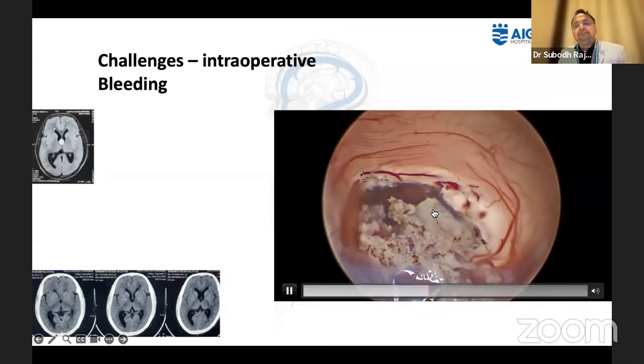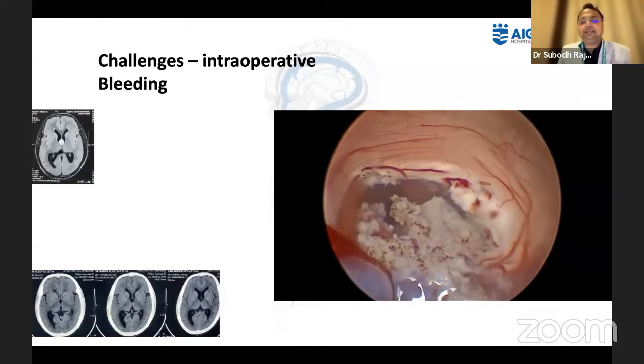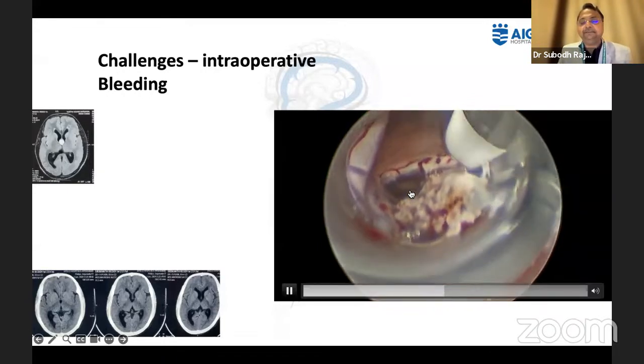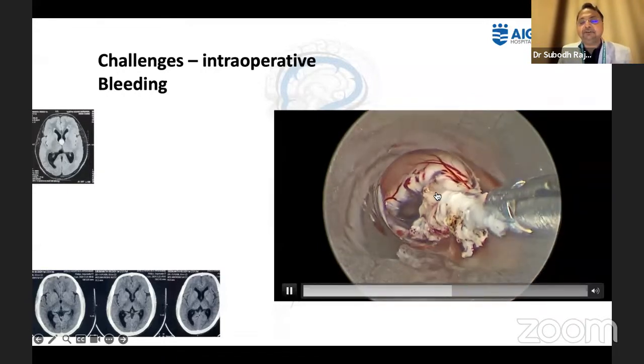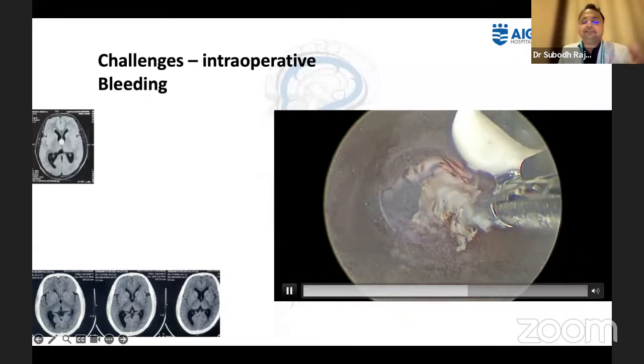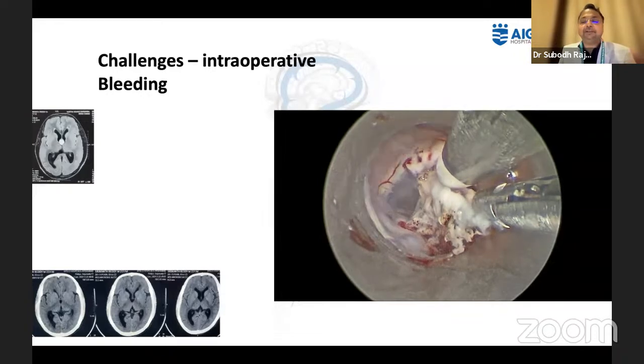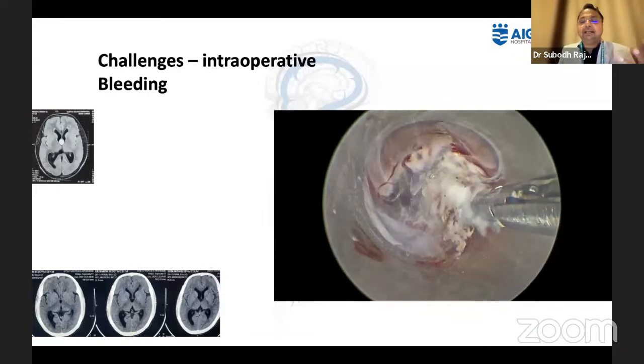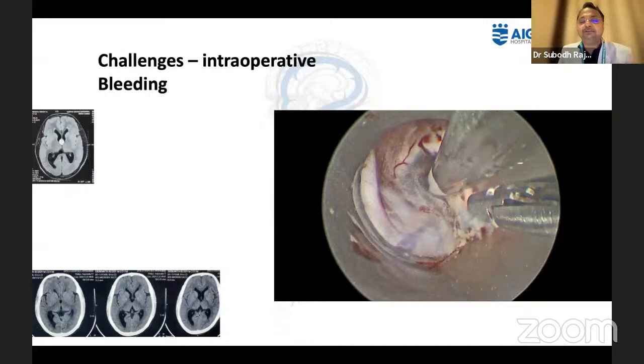So we wait with irrigation for some time. Then I immediately converted this into a dry field technique. We evacuated the CSF till the foramen of Monro and mobilized the cyst, because in an endoscopic procedure, even 3-4 ml of blood obliterates the vision. And as we all know, CSF is a very good anticoagulant.